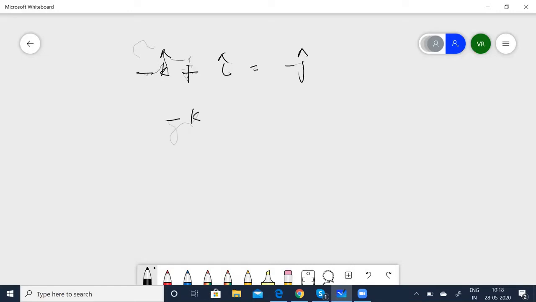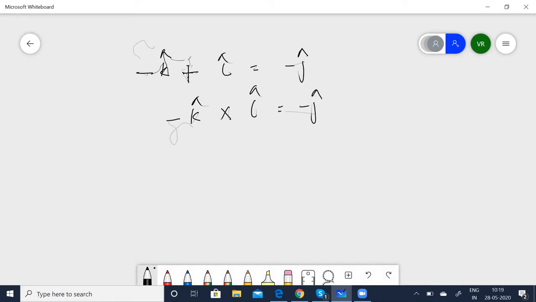You know, i cross k is minus j, so k cross i is j. Now we have to take the opposite, so we take it as minus k. So minus k cross i will be minus j. So the magnetic field is along the negative z-axis.